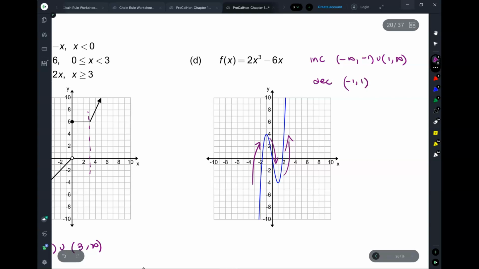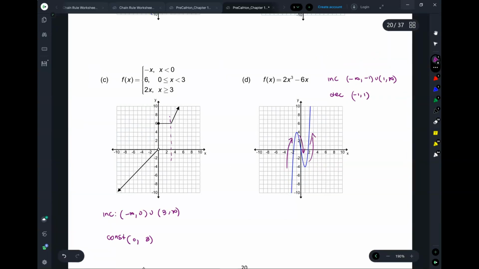Okay, before we move on to the next page, take a look at what happens here. This function was increasing, then it changed to decreasing. At the point where it switched from increasing to decreasing, what do we have? We have a peak, or we call that in math a maximum.